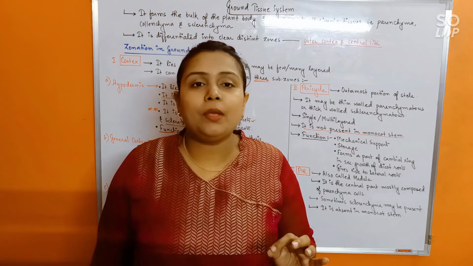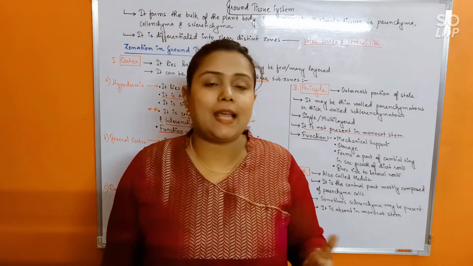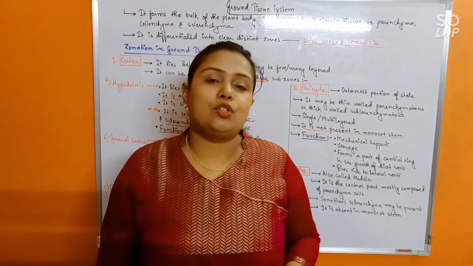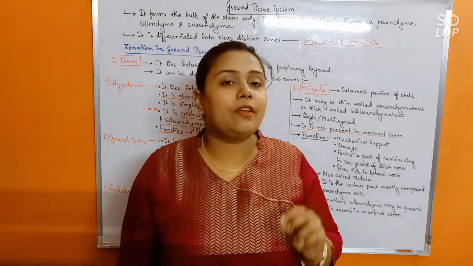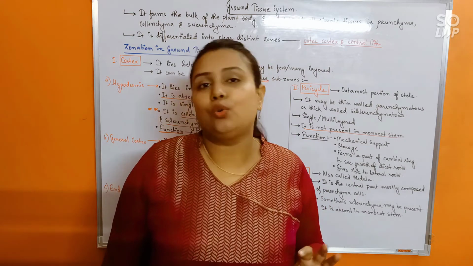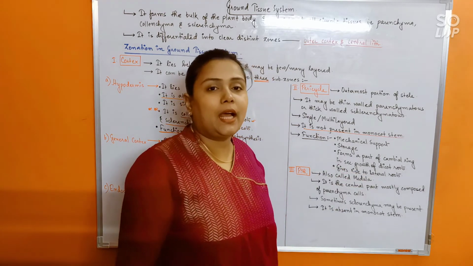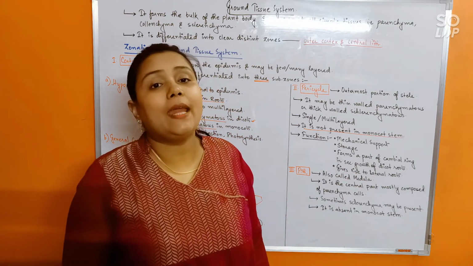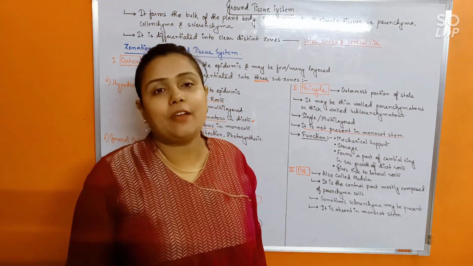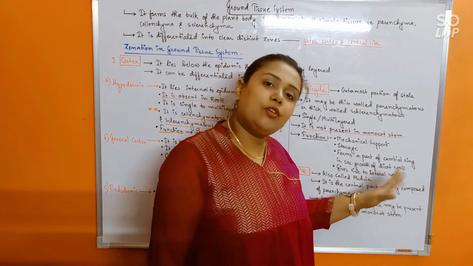It forms the cambial ring, and how it forms it, or what exactly the cambial ring is, we'll discuss at the end of the chapter. Right now, just remember that the pericycle has a very important role to play during secondary growth in dicot roots. Now, it gives rise to lateral roots. You know that in roots, the branches are endogenous, isn't it? That means they arise from the pericycle, which I have told you in the morphology chapter. So it gives rise to lateral roots.